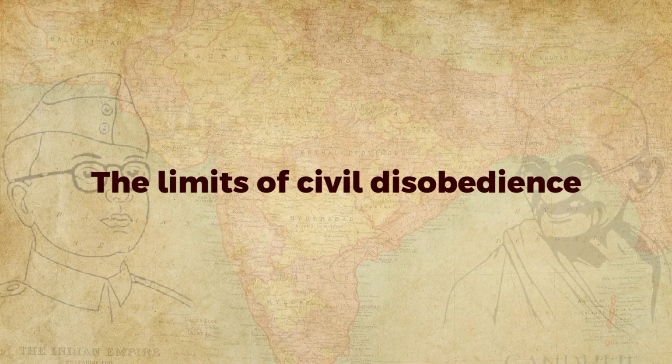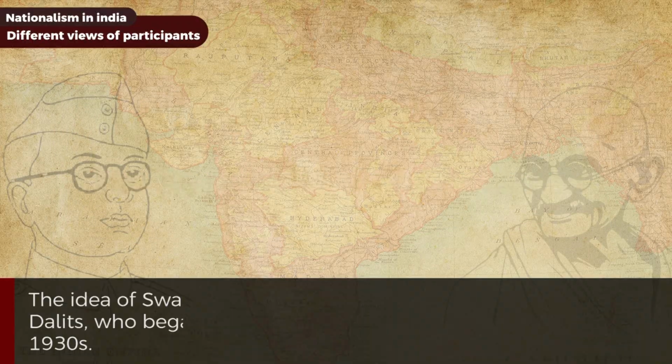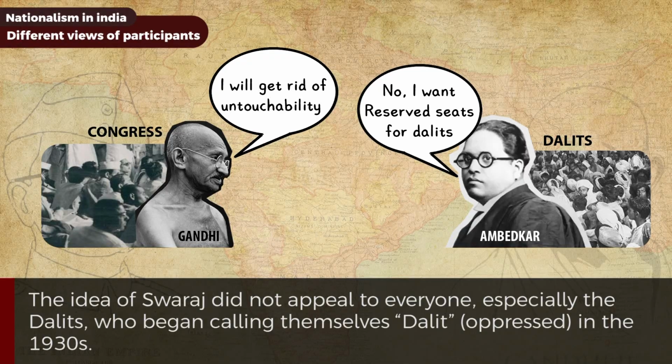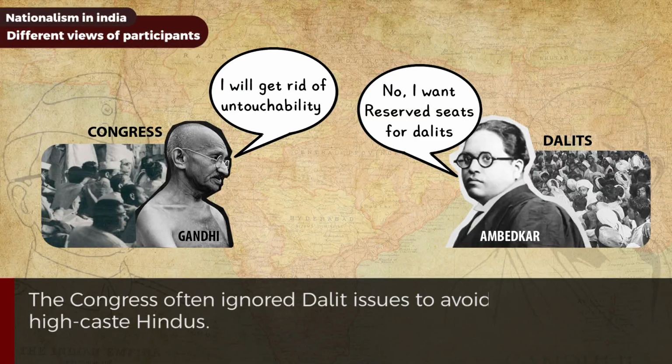The limits of civil disobedience. The idea of Swaraj did not appeal to everyone, especially the Dalits, who began calling themselves Dalit, meaning oppressed, in the 1930s. The Congress often ignored Dalit issues to avoid upsetting high caste Hindus.